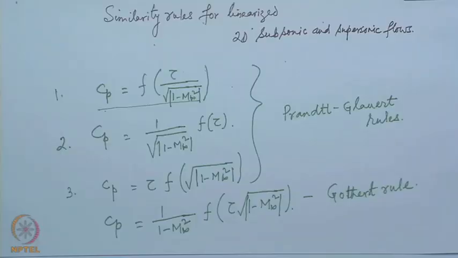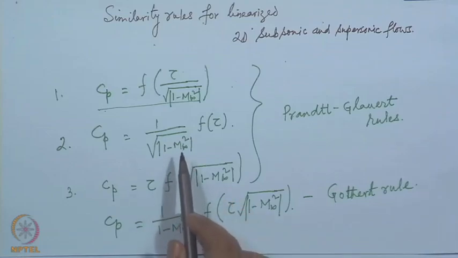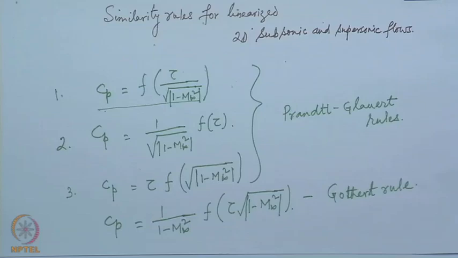So, this is also a utility of this form of the Prandtl-Glauert relation: for a particular airfoil, if we know the pressure coefficient at incompressible flow or at any low Mach number, we can get it at other Mach numbers simply by multiplying the pressure coefficient at any particular point with the factor 1 minus M infinity square to the power minus half.